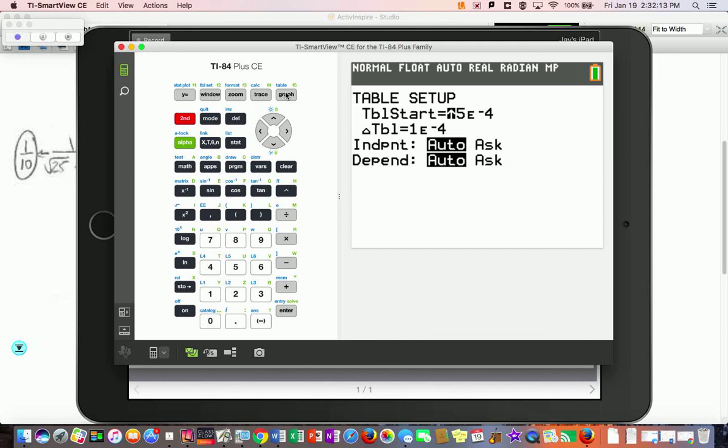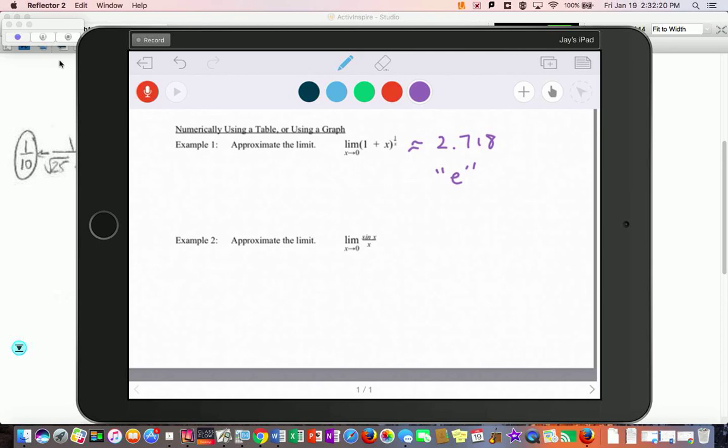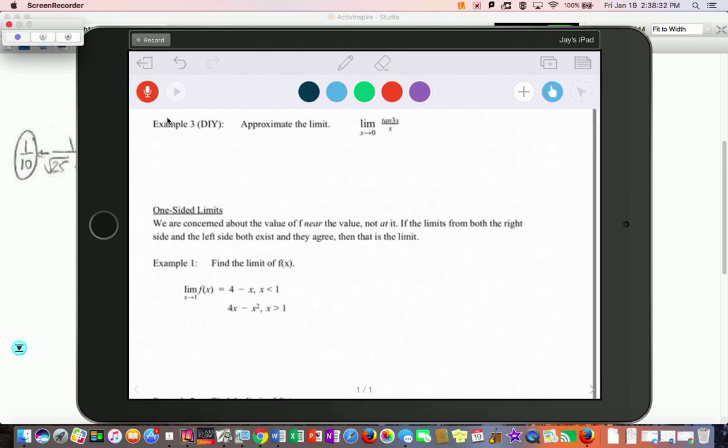So if I just look at the table, you notice that's 1 on both sides. So after you do the table, you got approximately 1 on both sides. All right, so try example 3. It's a DIY. Type that into your calculator, make sure you're in radian mode, and then come back and check the answer.